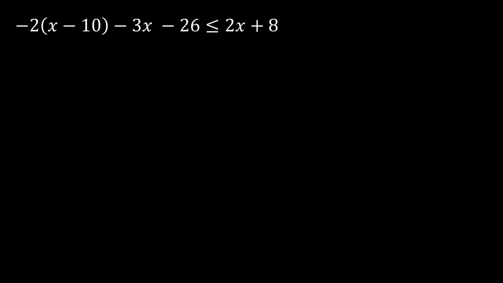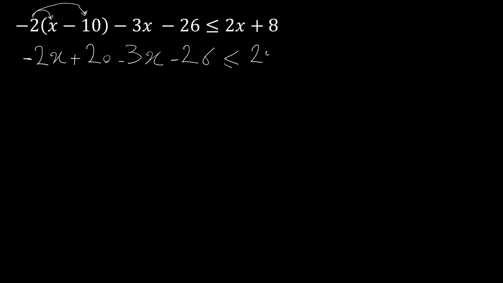Let's solve the next one. We must get rid of this parenthesis, so I must multiply -2 by x and -10. And I'm going to solve this one again by the transposition method. So I'm going to have -2x plus 20 minus 3x minus 26 is less than or equal to x plus 8.